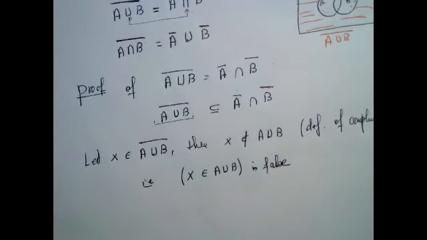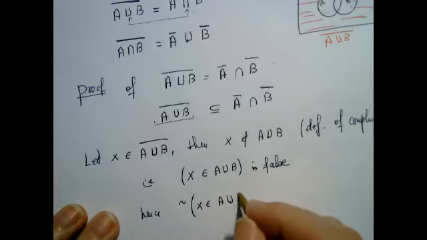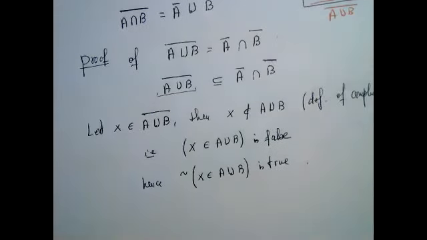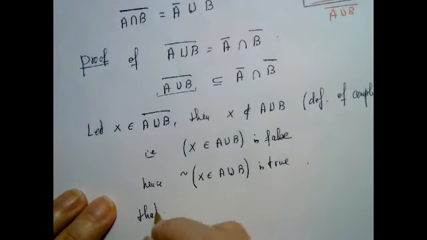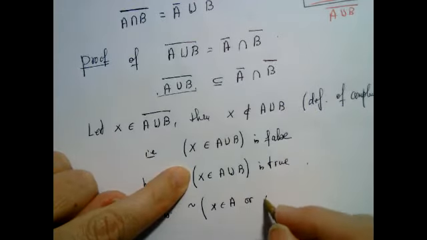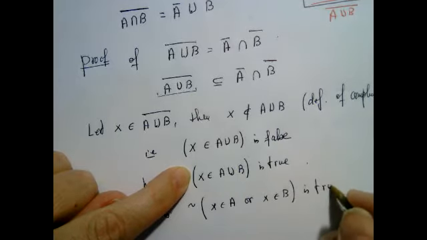What does it mean it's false? It means its negation is true. But what's the negation? What does it mean X in A union B? The negation of X in A or X in B is true.